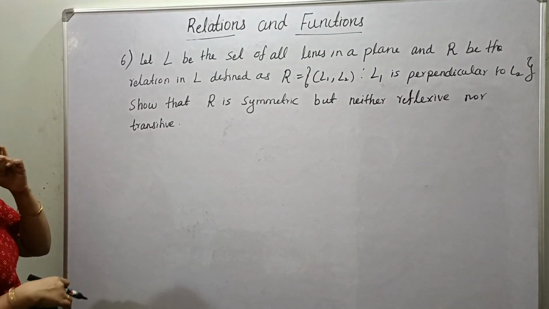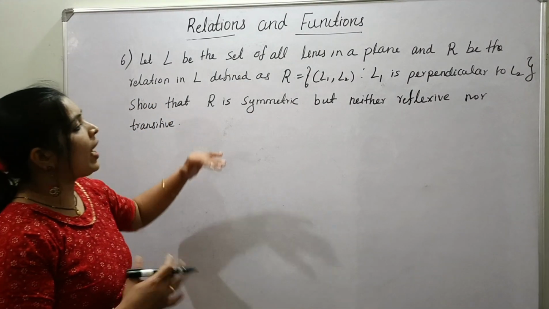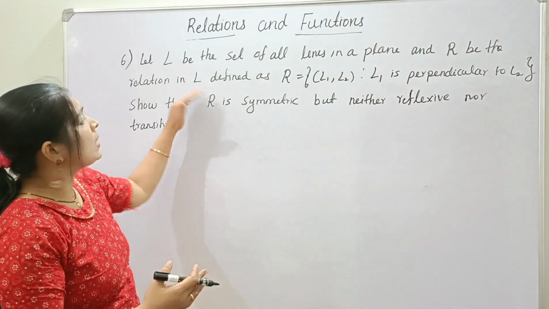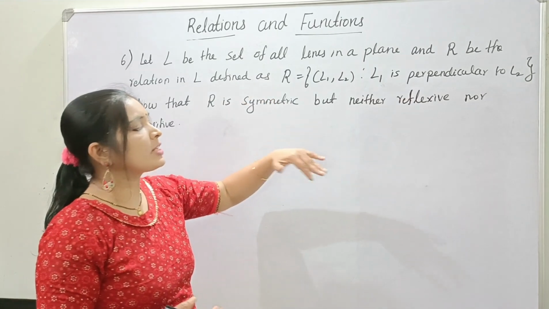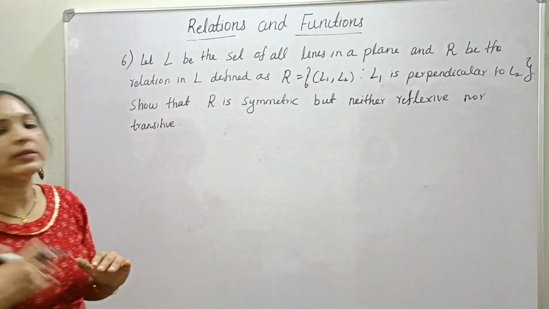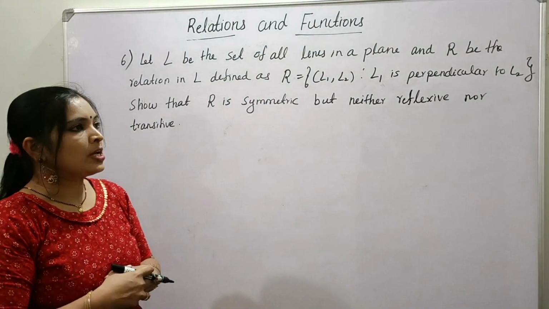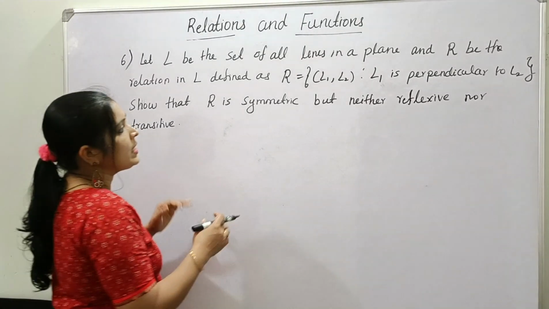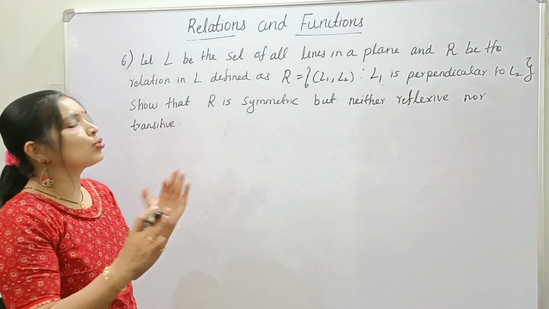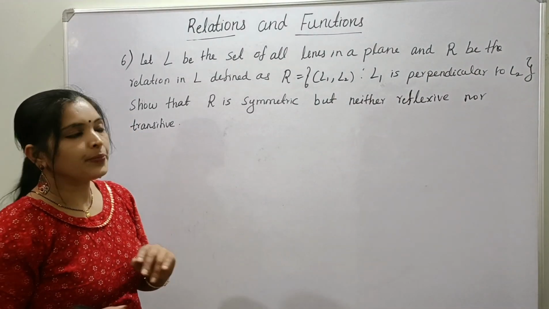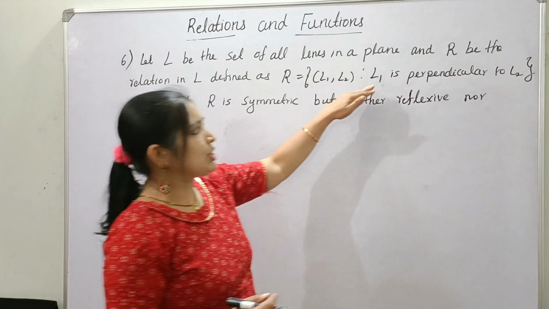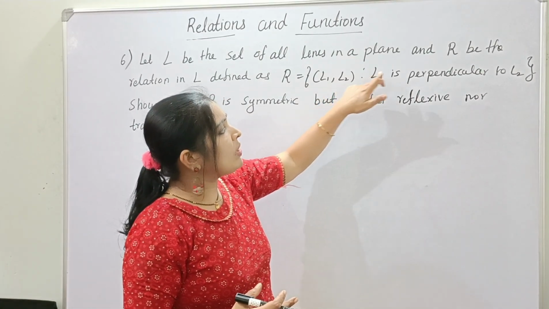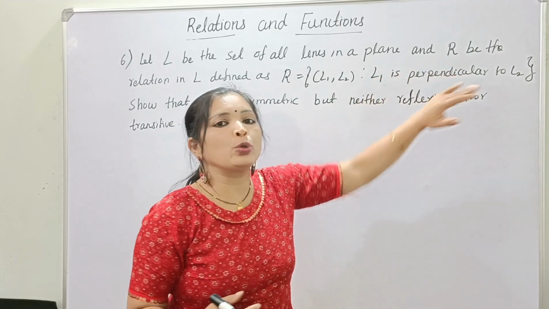Now we have to prove R is symmetric but neither reflexive nor transitive. Let us go through reflexive first. According to the reflexive definition, (L1, L1) should be in R, right? But here our relation definition is L1 is perpendicular to L2.